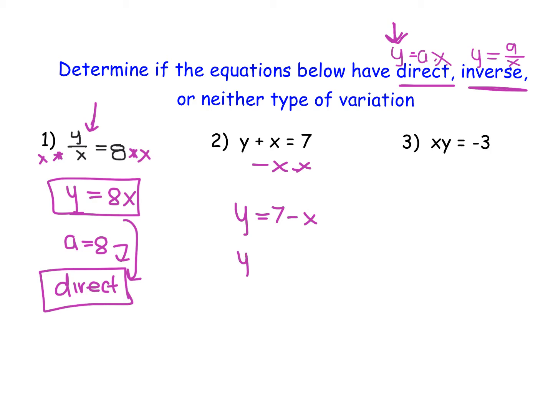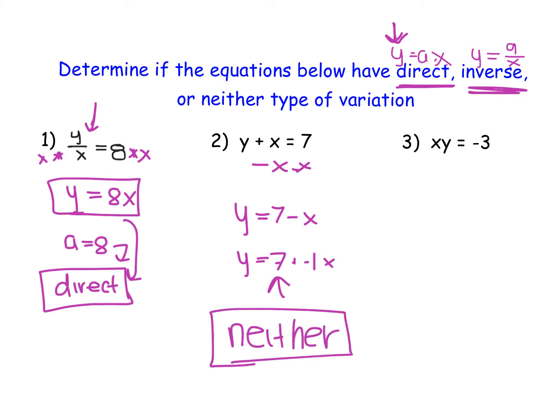Even if we wrote this as y equals 7 plus negative 1x, and we set our a value as negative 1, this plus 7 here is complicating things because we didn't include any additions or subtractions in direct or inverse variation. So just from looking at this, we can say it has neither type of variation.